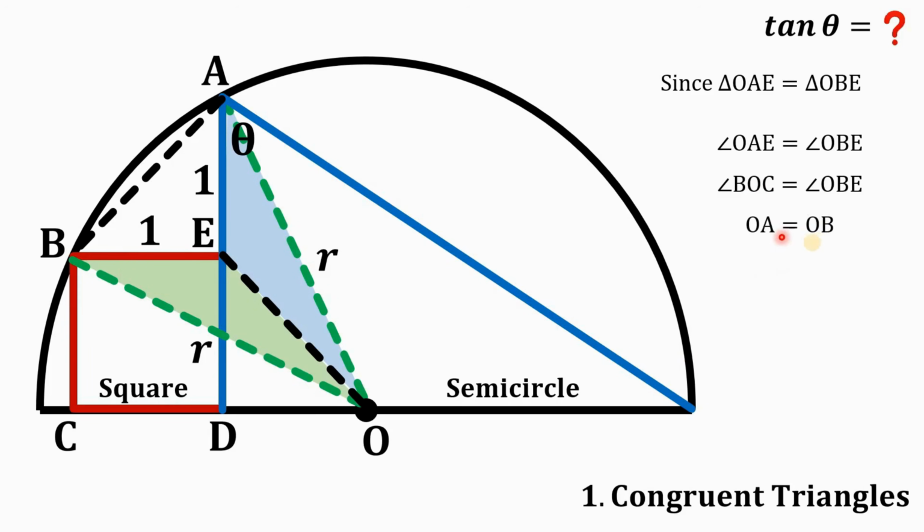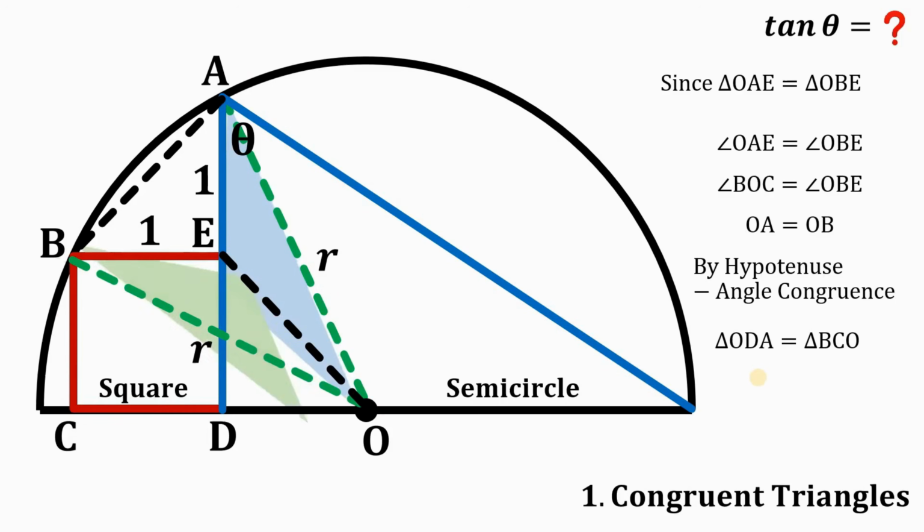Now recall, OA simply equals OB because they are both radii of our semicircle. In short, by hypotenuse angle congruence, or HAC, we can say that triangle ODA is congruent to triangle BCO. So we have ODA and BCO.